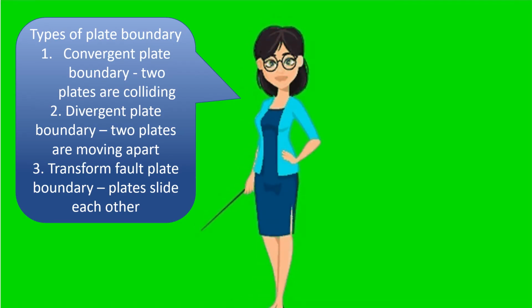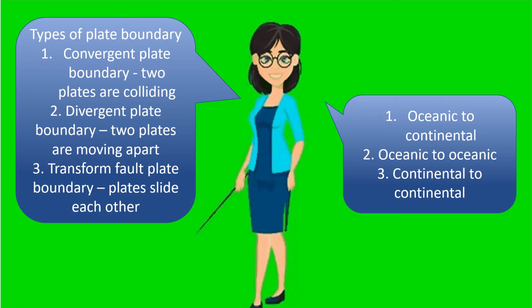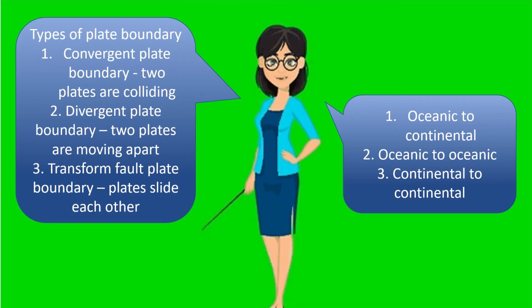And in transform fault plate boundary, plates slide past each other. And we have also different types of convergent plate boundary: oceanic to continental, oceanic to oceanic, and continental to continental.